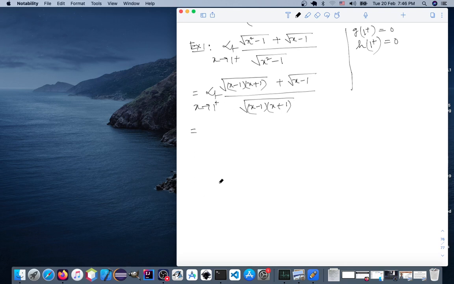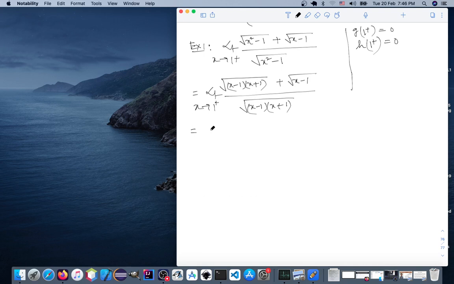So we see we can take out root over x minus 1 as a factor from both the numerator and the denominator, and since x is tending to 1 positive, x minus 1 will not be equal to 0.